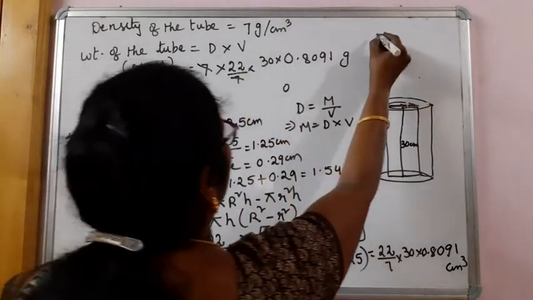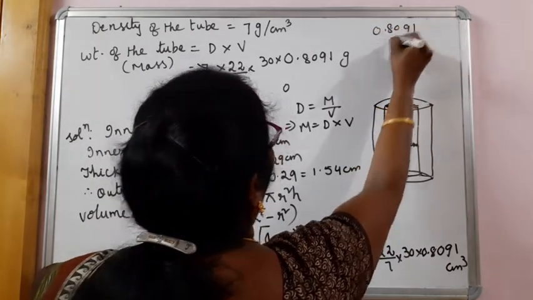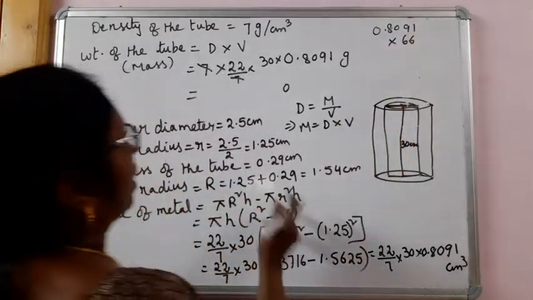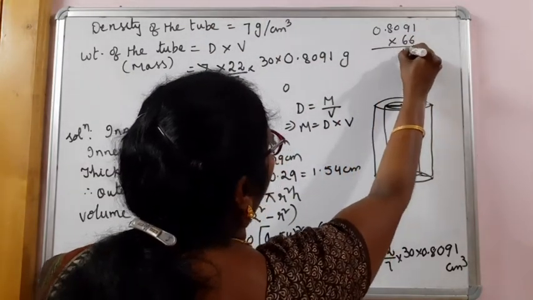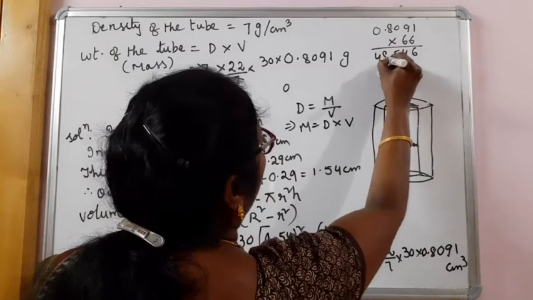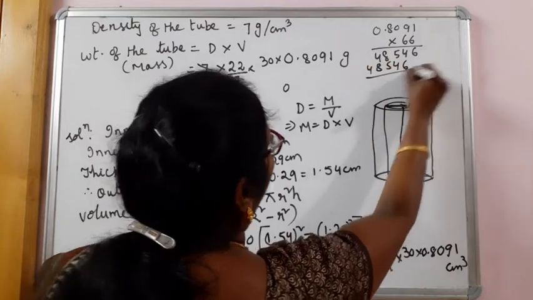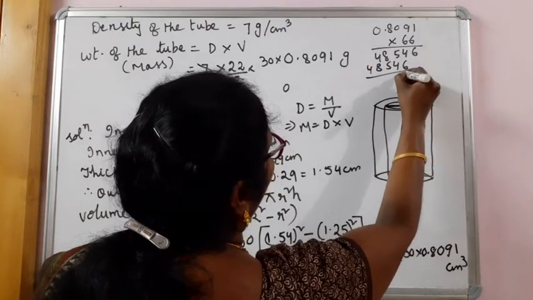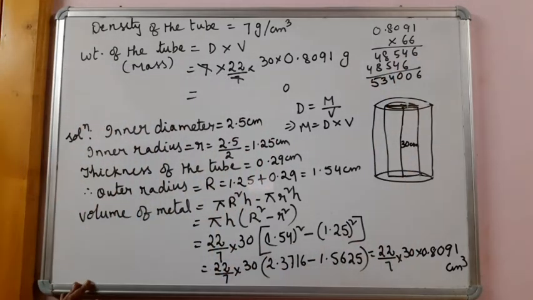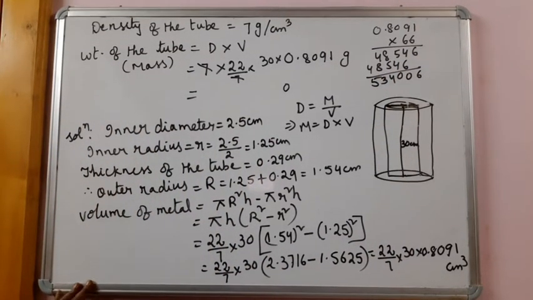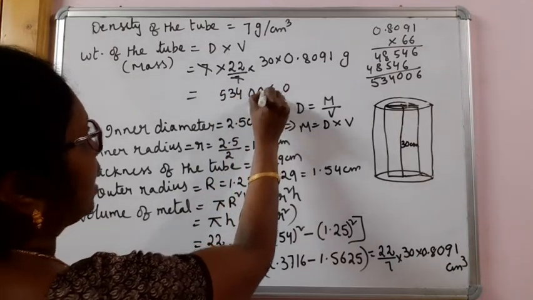22 times 3 is 66. 0.8091 into 66 I am doing. This 0 I have written here. 6 times 1 is 6, 6 times 9 is 54, 6 times 8 is 48. Again 6, 6 times 4 is 24, and so on, giving 534006.